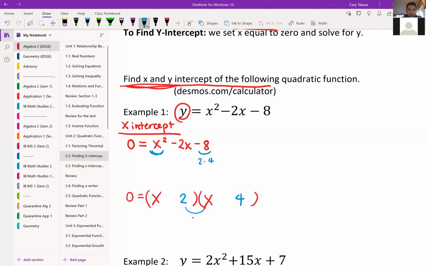That's 2x, that's 4x, and we want to get negative 2x. So how do we get negative 2x? By making 4x negative and 2x positive, isn't it? So it's going to be (x plus 2)(x minus 4). Is everybody okay on that?